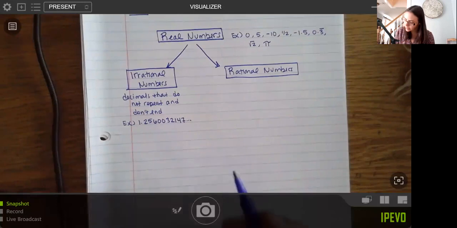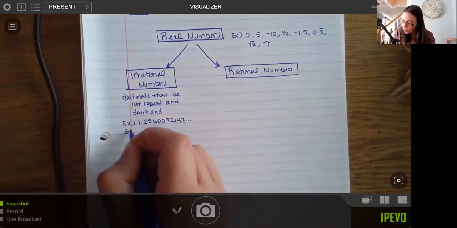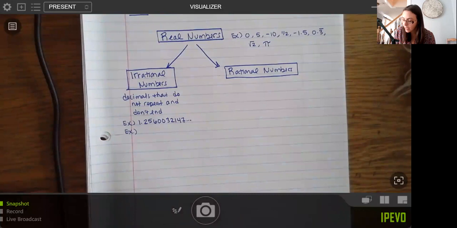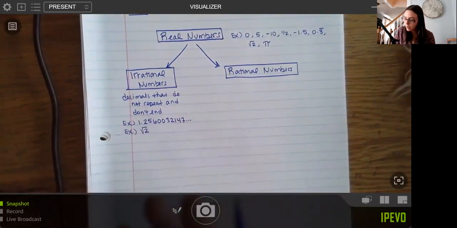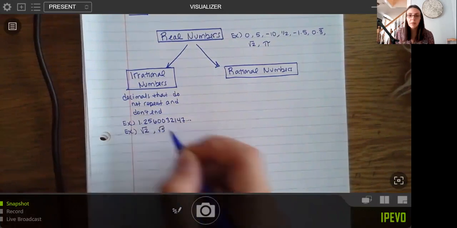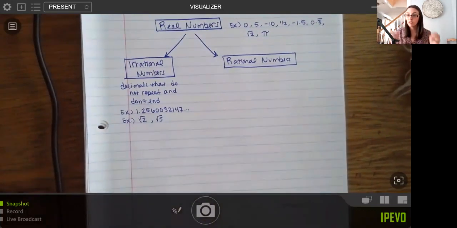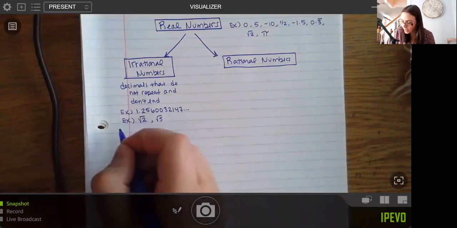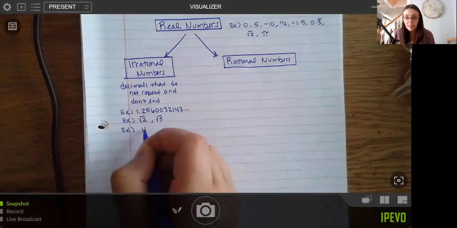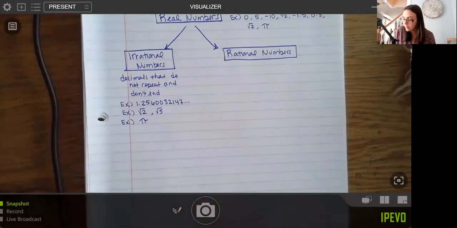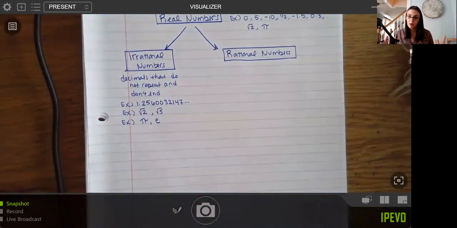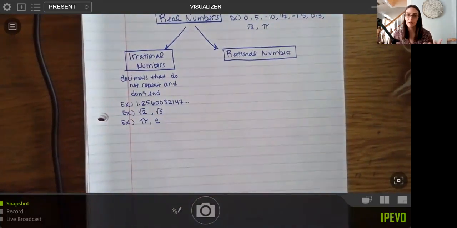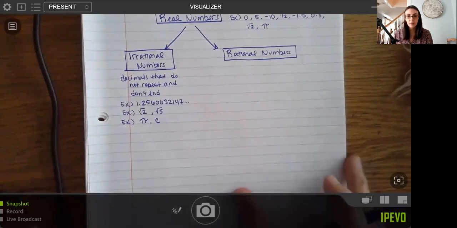It also includes things like your roots that do not simplify perfectly, like root 2, right? 2 is not a perfect square. So that would be an example here, or square root of 5, for instance. Basically, if you put that into your calculator, you just get a long string of, it looks like random numbers. So those are included here. And then also things like pi, for instance, and e, numbers that we give special symbols to that represent these very, again, kind of complex, long numbers that don't have a pattern. So those are your irrational numbers.